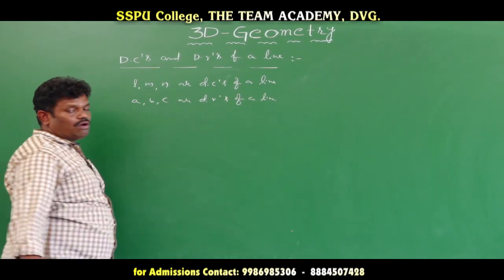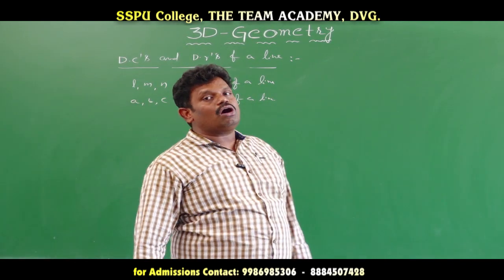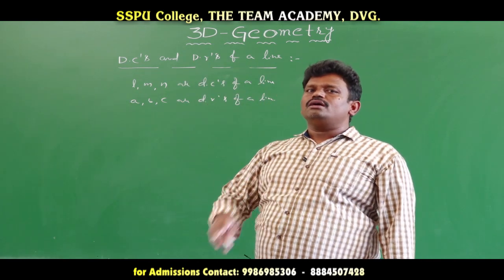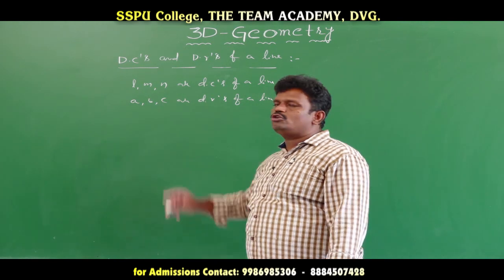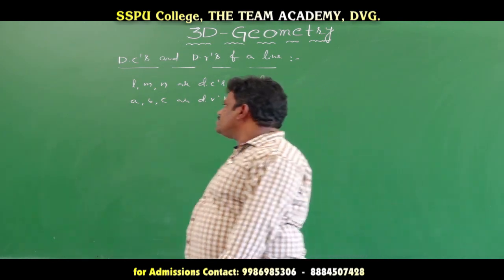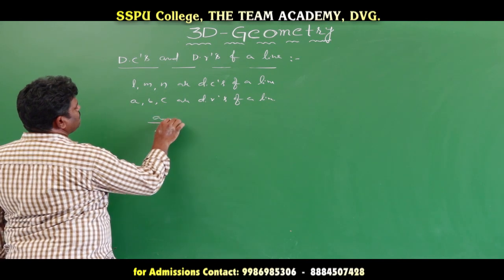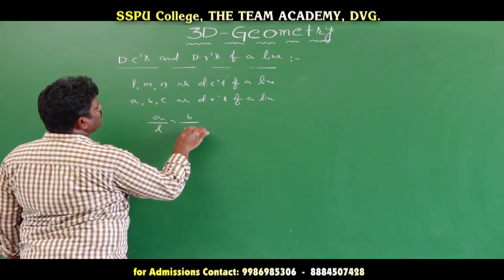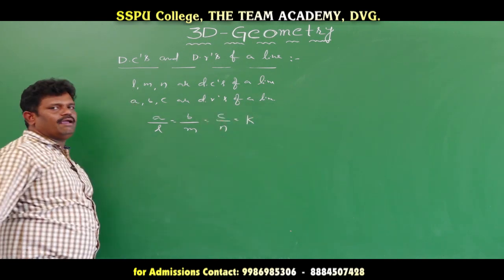Any three real numbers proportional to the direction cosines of a line are said to be direction ratios. So we take the proportional relation: A by L is equal to B by M is equal to C by N is equal to some K or lambda.